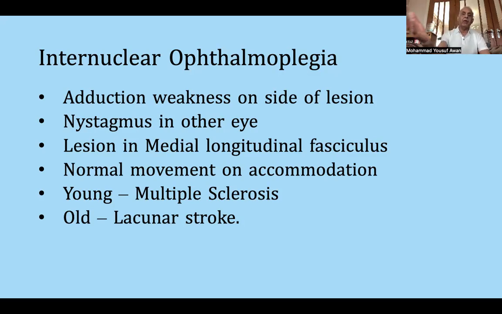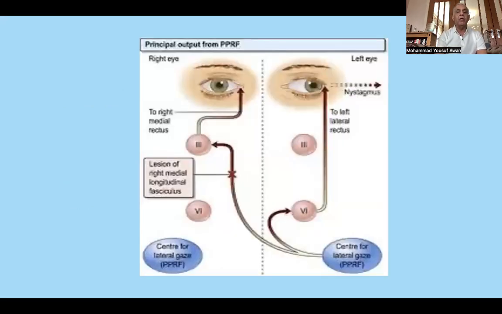When the examiner asks you to examine the eye movements, you test lateral, medial, upper and lower movements, and you find one eye is abducting but the other eye fails to adduct properly. That is internuclear ophthalmoplegia. This eye is moving laterally and showing nystagmus, but this eye is not moving beyond the midline. When this one moves laterally, the other is expected to adduct properly.